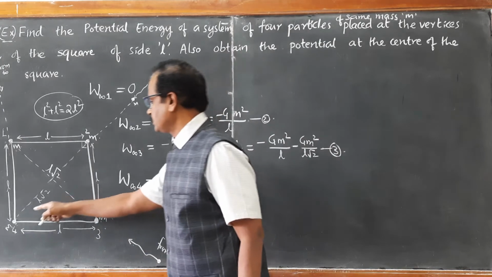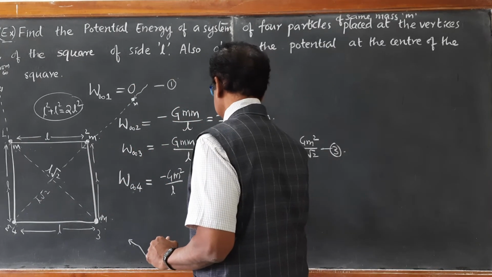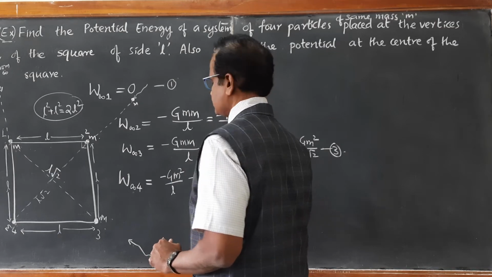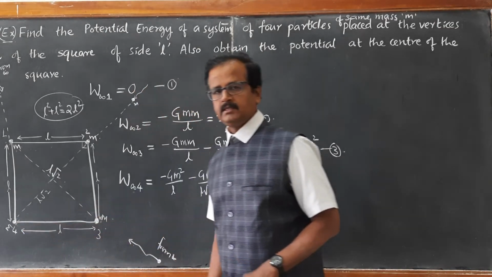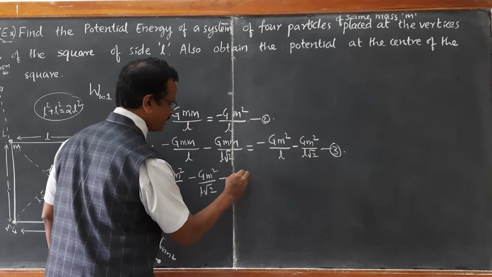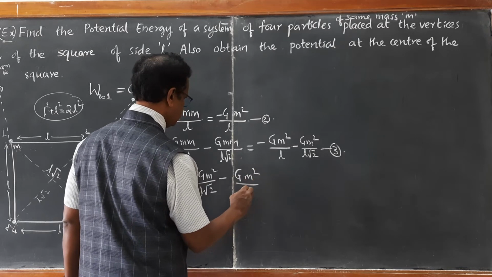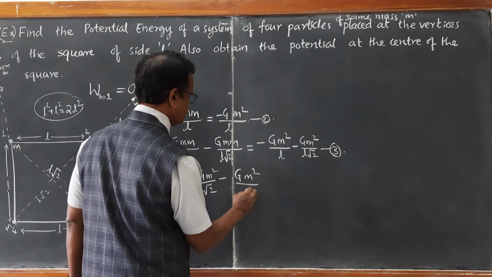So this length of the diagonal is also going to be the same, L root 2. Minus, due to the third particle which is at distance L, it becomes minus G m square upon L.